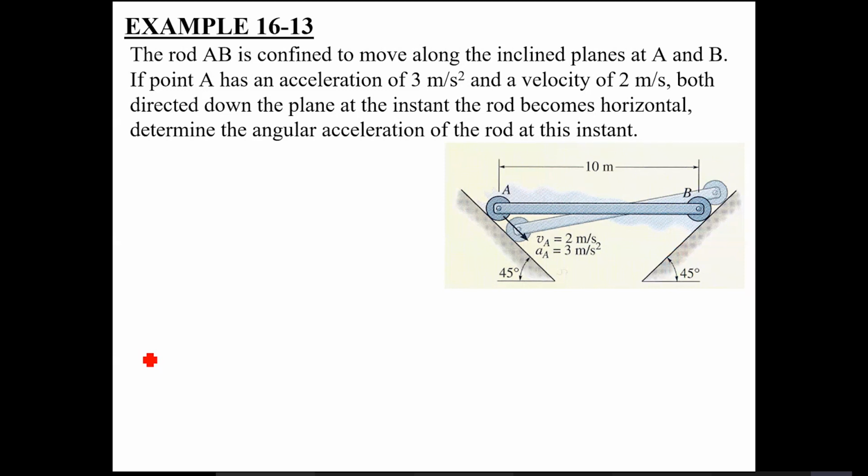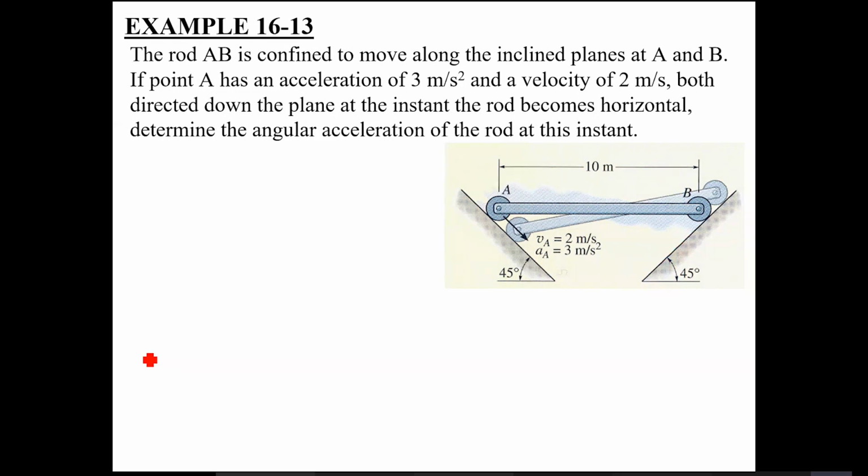The rod AB is confined to move along the inclined planes at A and B. Point A has an acceleration of 3 meters per second square and a velocity of 2 meters per second down the incline. At the instant this rod becomes horizontal, you need to determine the angular acceleration of the rod.